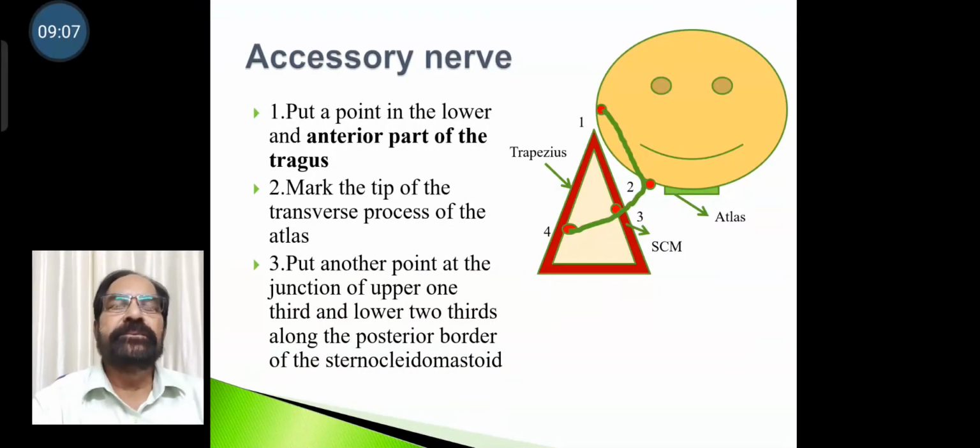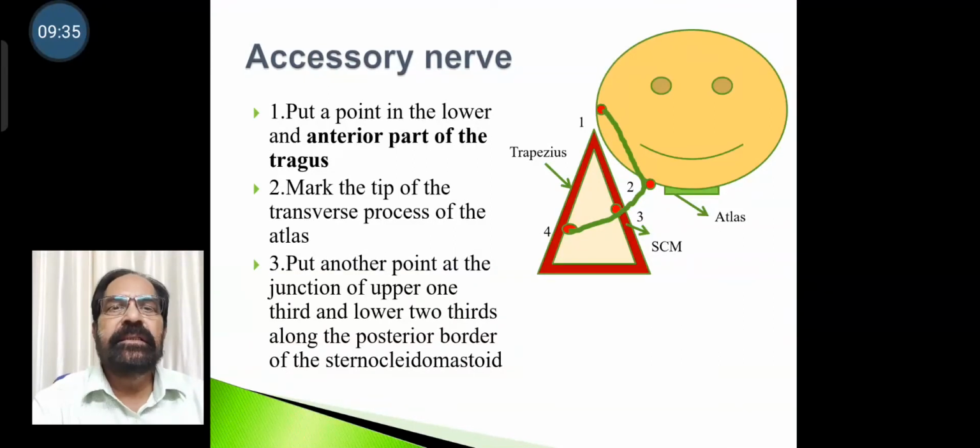Then accessory nerve. To mark accessory nerve, put a point in the lower and anterior part of tragus, that is in front of ear. That is first point. Then second point, mark the tip of the transverse process of atlas, as shown.